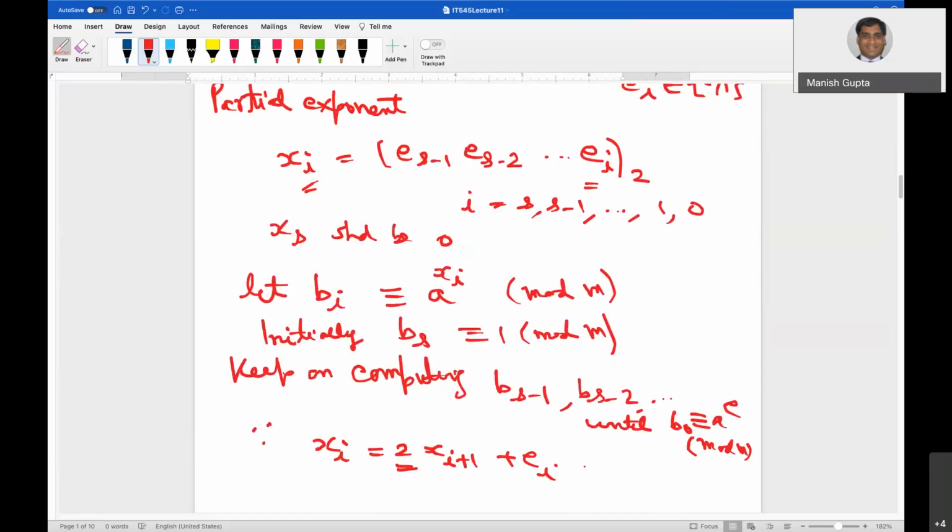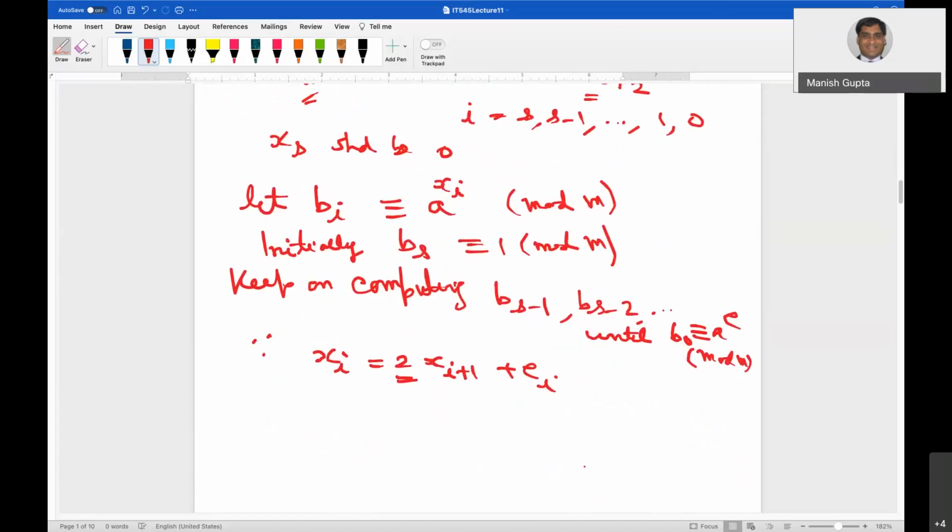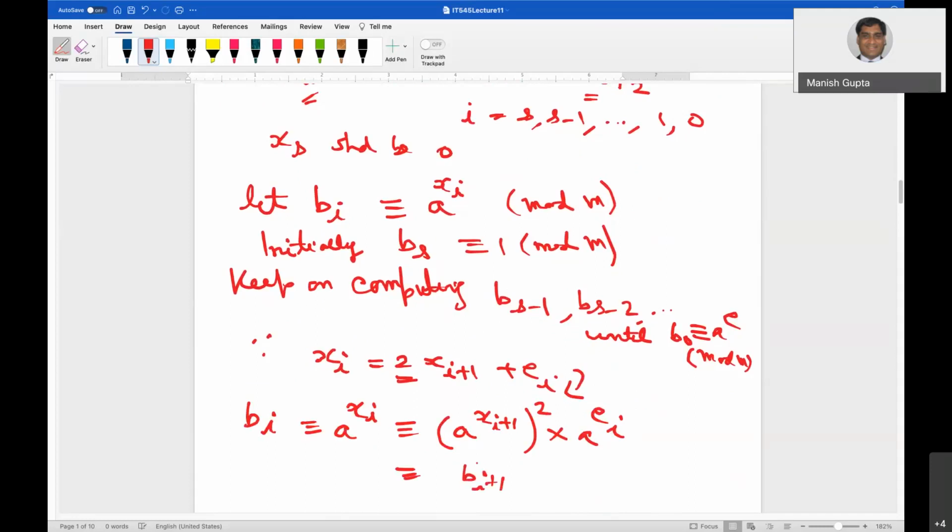This relationship is there, and hence using this relationship I can compute bi, which is a raised to power xi, the same thing as a raised to power xi plus 1 times 2 into a raised to power ei. By substituting this expression, we get this. This is nothing but bi plus 1 square into a raised to power ei mod m.